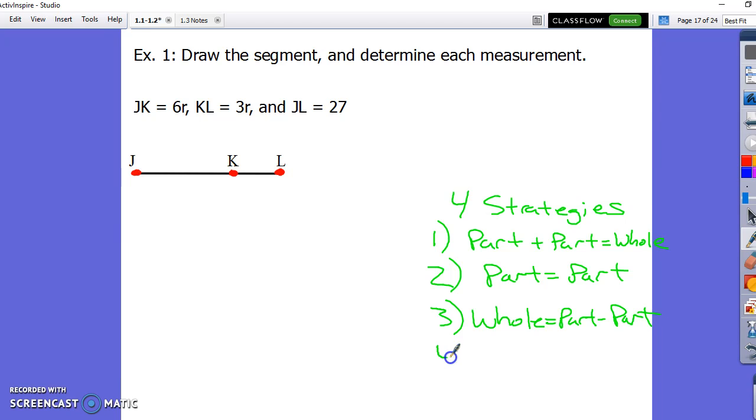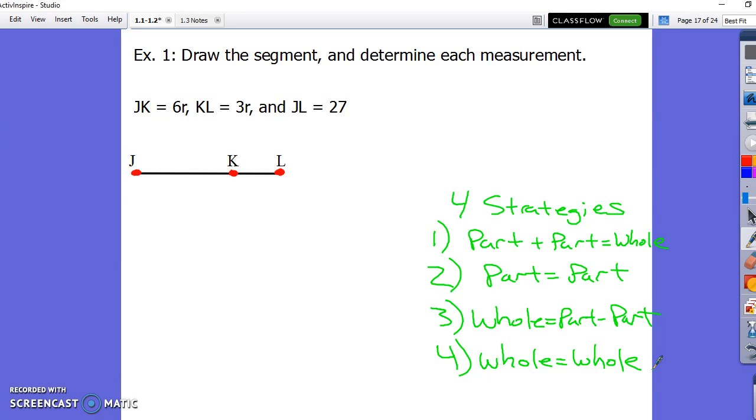And lastly, we will have whole equals whole. And when we first start off, we're basically going to choose one of these strategies, and that's going to be enough to solve the problem.